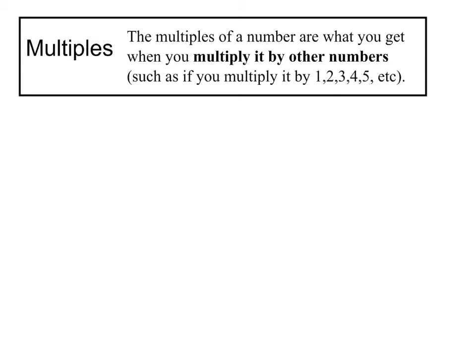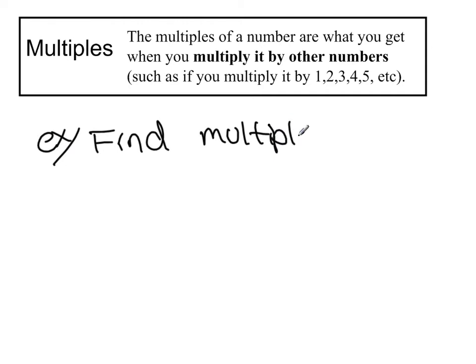So, for example, let's say we want to find multiples of, let's try to pick a nice number, 7. That's not really nice, but we're going to live with it. So, a multiple of 7. Let's multiply 7 by these numbers they listed here.